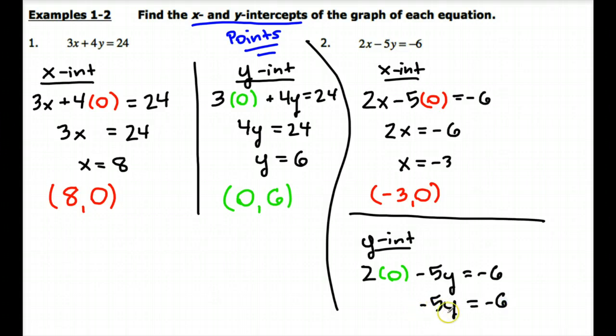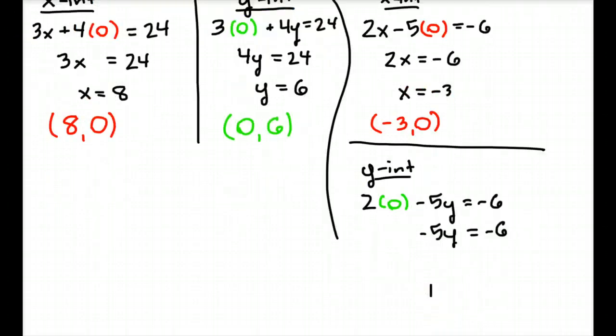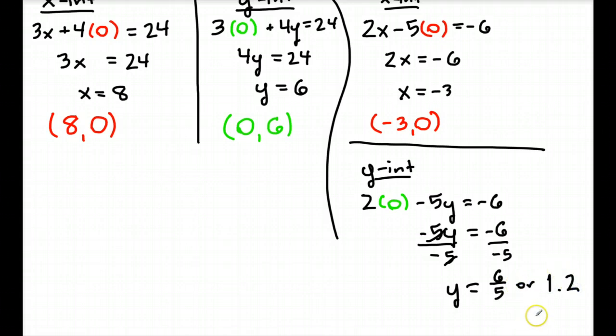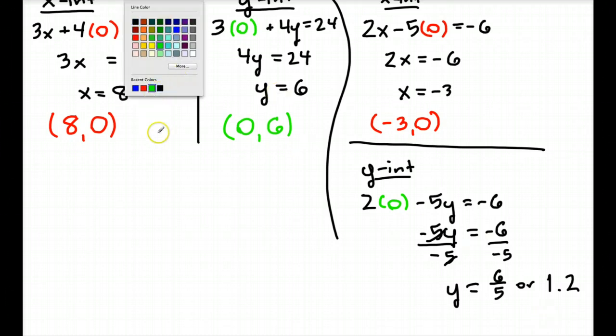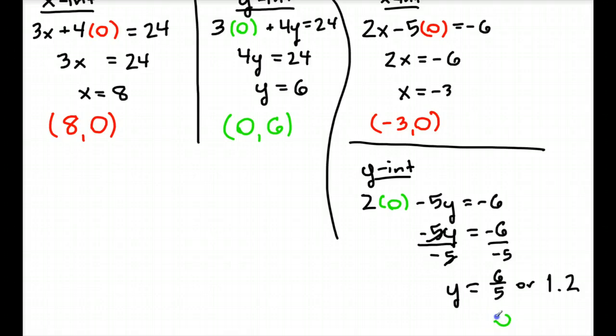And so if I divide both sides by negative 5 for this one, I'm actually going to get a fraction. Negative 6 divided by negative 5 is 6 over 5. Or you could also write that as 1.2. So that means that my y-intercept is at the point 0, 1.2.